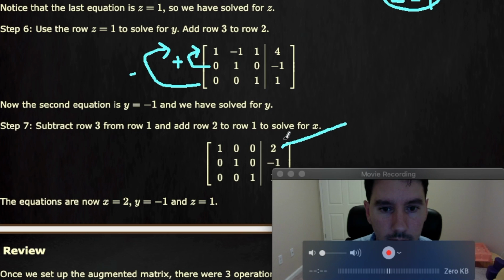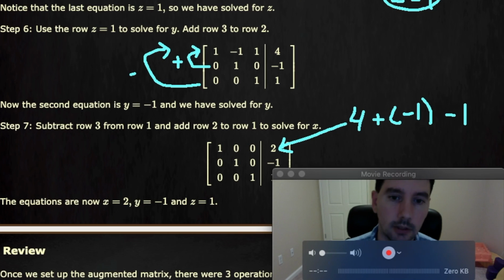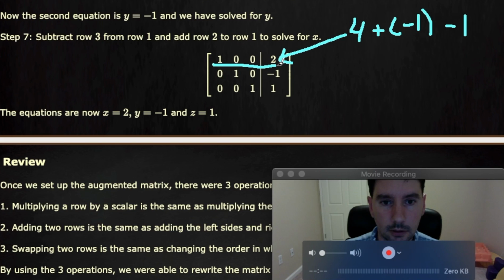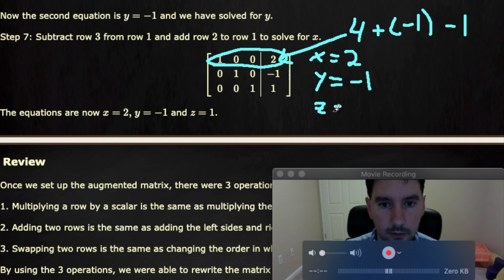So that 2 is coming from 4 plus whatever's in row 2, which happens to be negative 1, and then minus whatever in row 3, which happens to be 1, which is 4 minus 1 minus 1. And that leaves us 2. And now the first row is just saying x equals 2. The second row is just y equals -1, and the third row is z equals 1, and that's all of our solutions. So we've solved the equations.